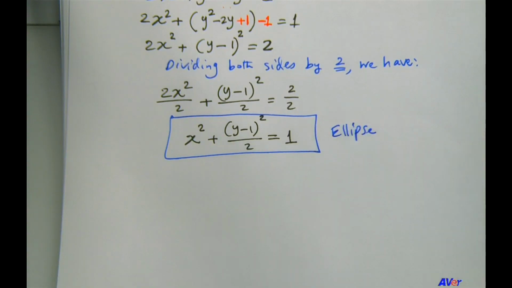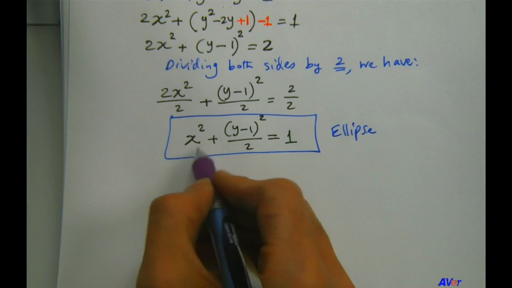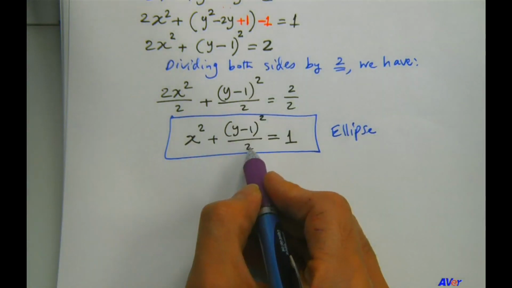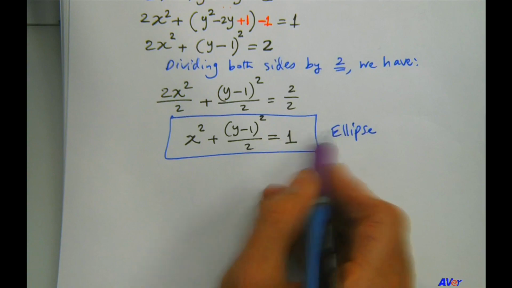The other thing I want to ask you here is, is this a vertical ellipse or a horizontal ellipse? Which one do you think it is? Well, if you look at the denominator here is 1, right? So 2 must be the quantity associated with the major axis in an ellipse.